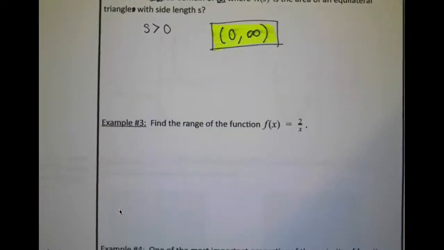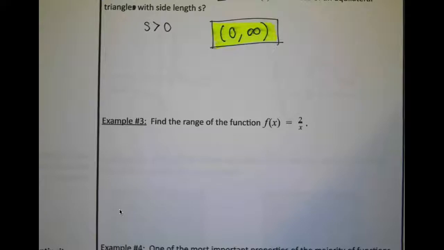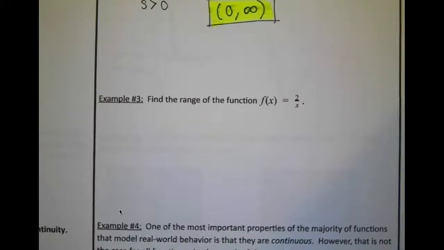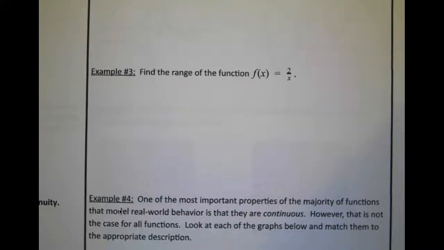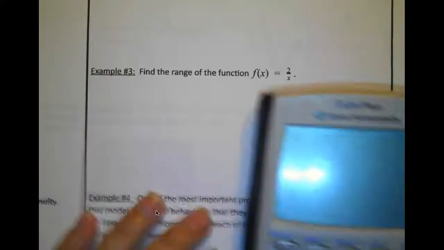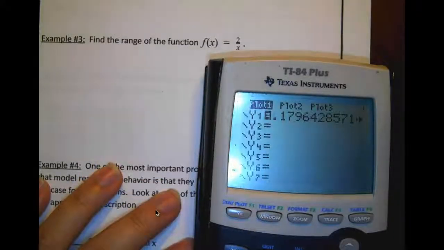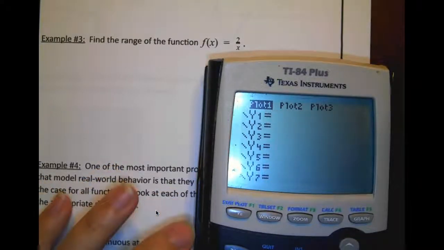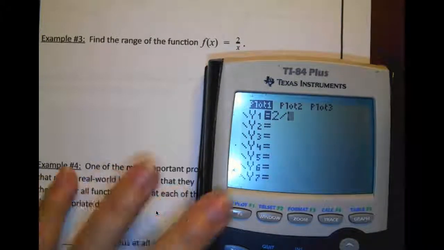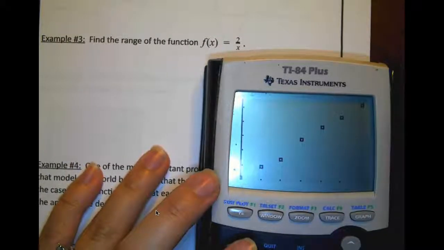Alright, example number 3. Find the range of the function f of x equals 2 over x. The best way to find range is to graph it. So let's pull out our graphing calculators. Y equals 2 over x. Graph, whoops, you know what?